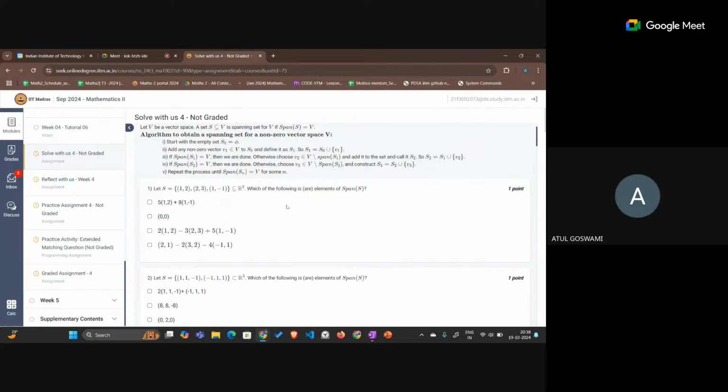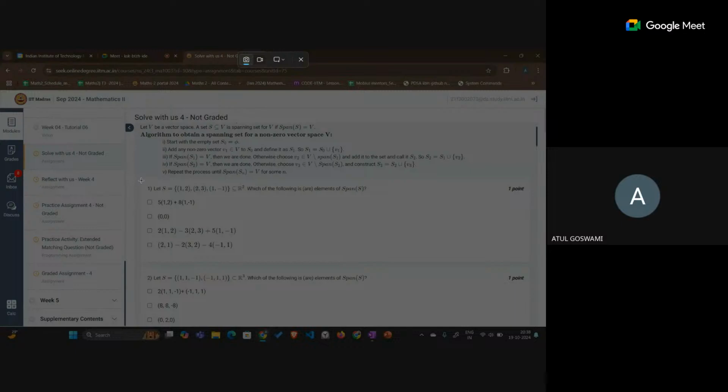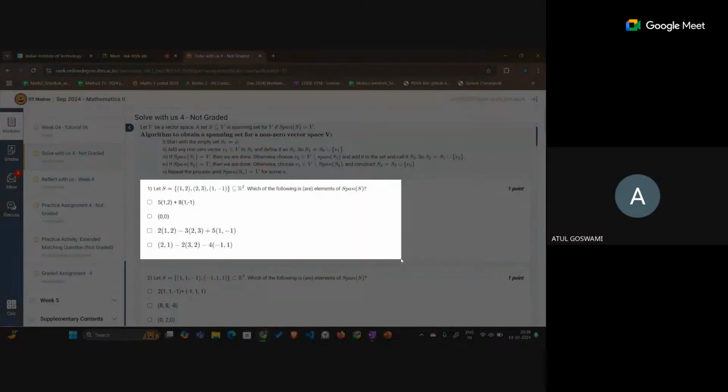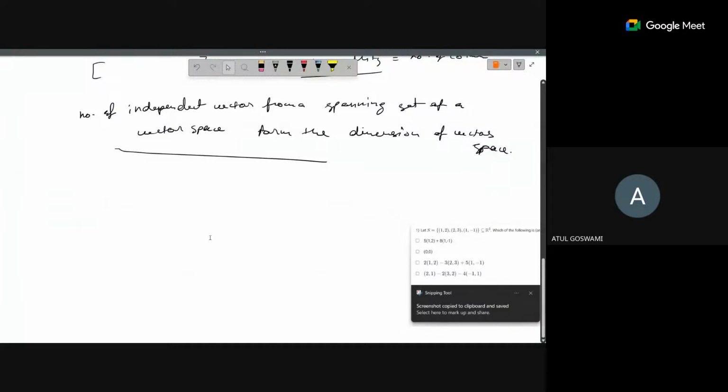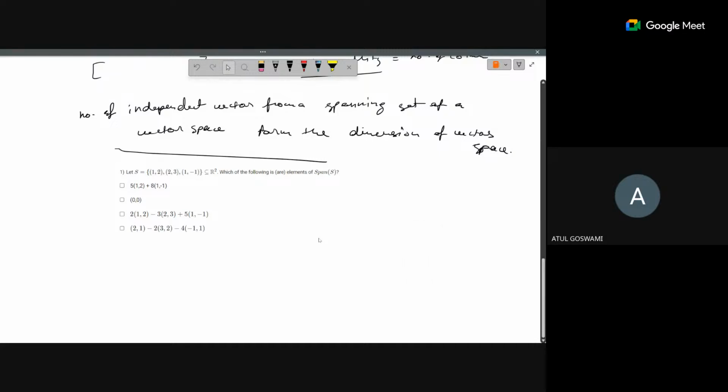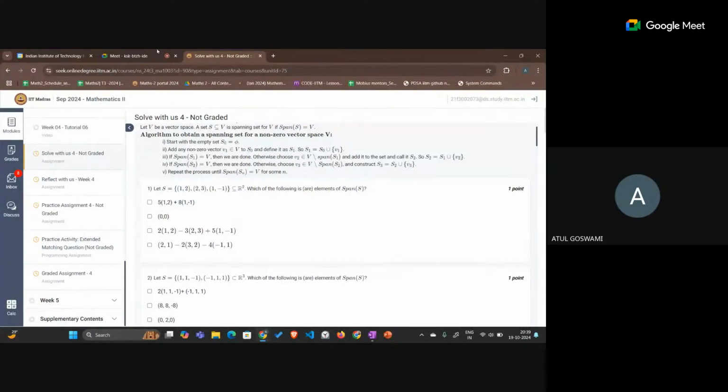If S is this, then solve this question. After some time, I will discuss this.